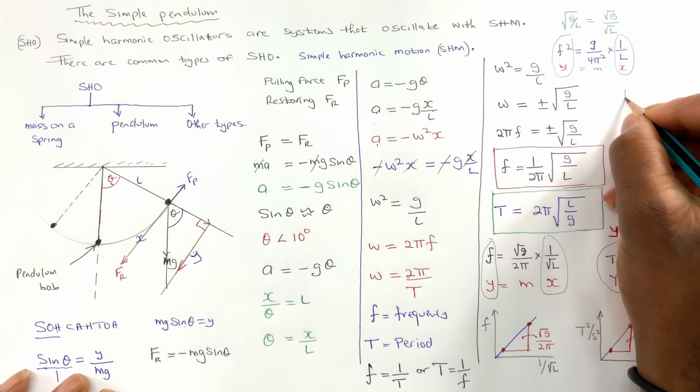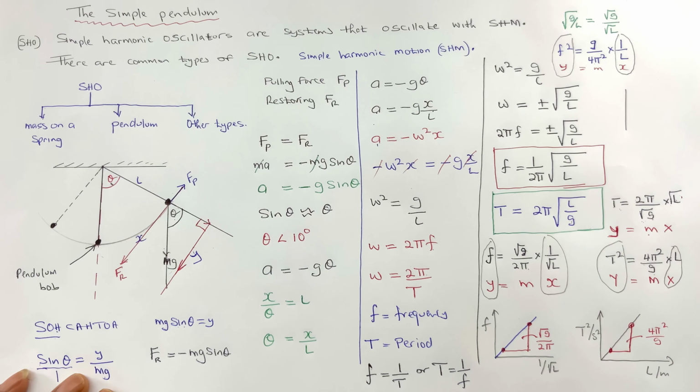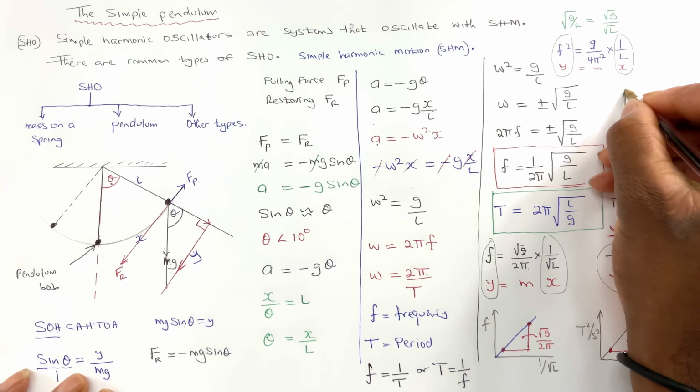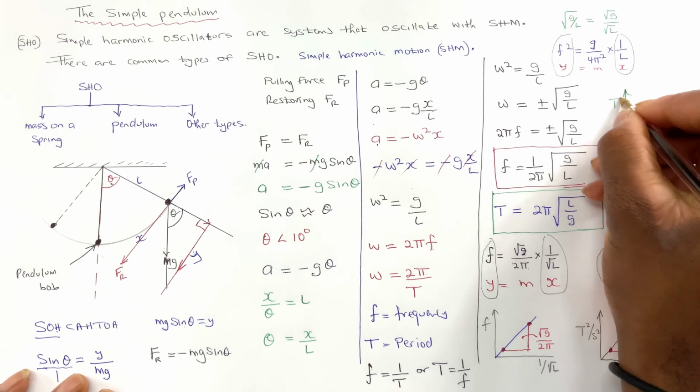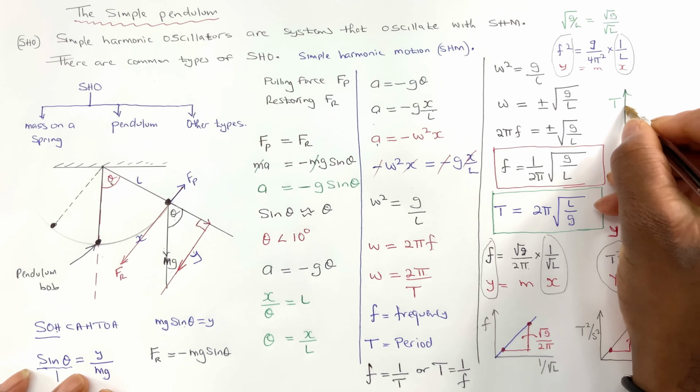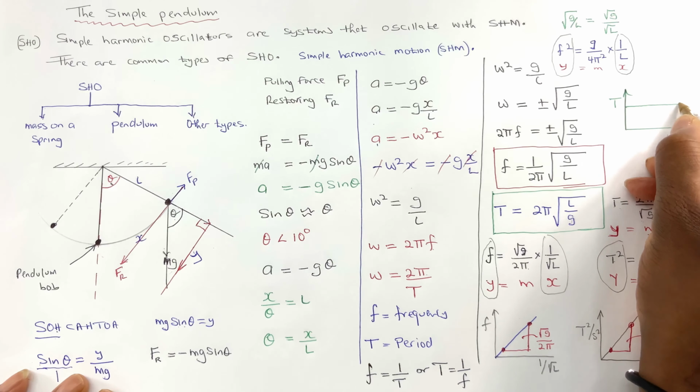So if you plot T against the mass in kilogram, your graph will be a straight line like that.